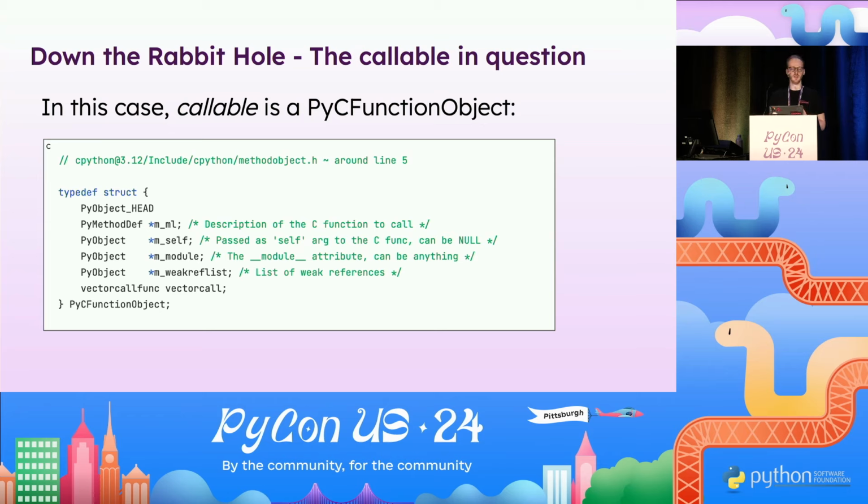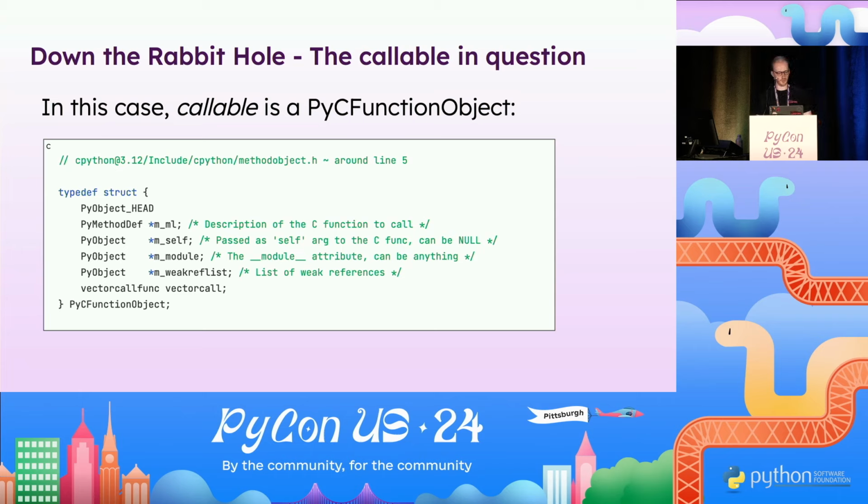If you were to think of this as a Python class, you would see class PyCFunction, colon, new line, and then you'd have double underscore slots, which you might have seen, and you would have 5 slots: m_ml, m_self, m_module, m_weakreflist, vectorcall. If you're familiar with slots, the idea is that you're reserving some space to store a fixed number of attributes. And by this definition, we're reserving 5 attributes internally in a C definition instead.